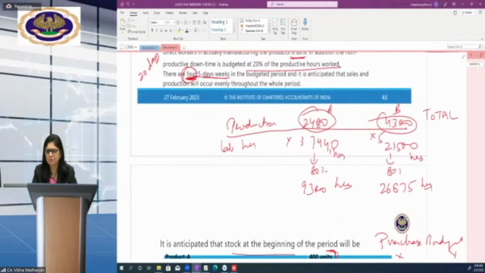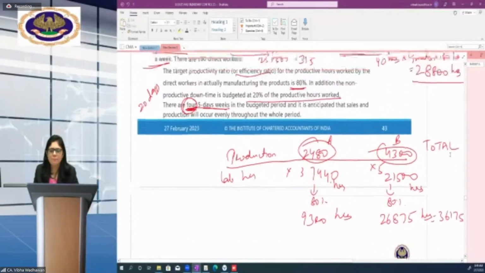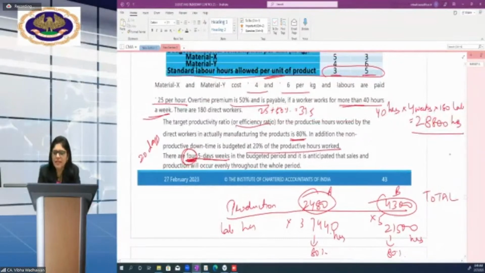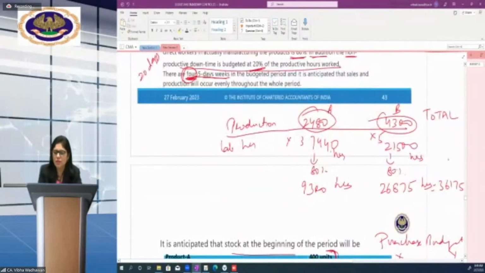All right. So that is the total time they have taken so far, plus they have given one more piece of information. In addition, the non-productive downtime is budgeted at 20% of the productive hours worked. So 9,300 plus 20%.